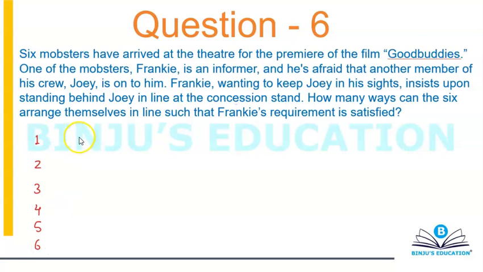So if Joey is at the first position, then Frankie wants to be at the second position, or probably third position, or probably fourth position, or probably fifth position, or probably sixth position. The question is not saying that Frankie wants to be immediately behind Joey. They're simply saying that Frankie wants to be behind Joey. That's it. Nothing else.